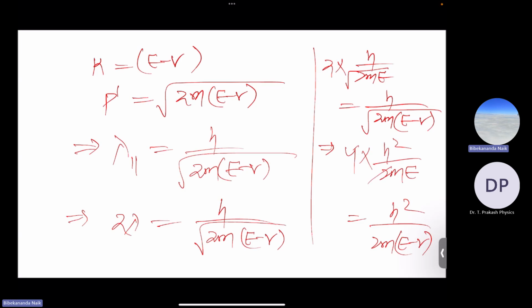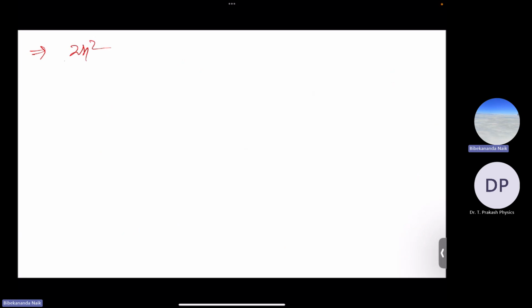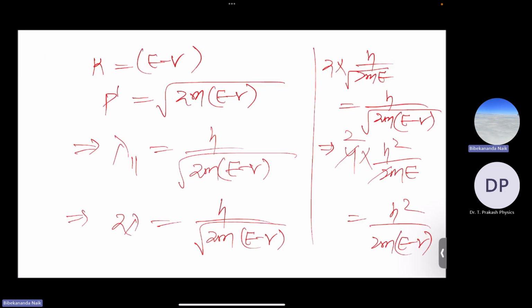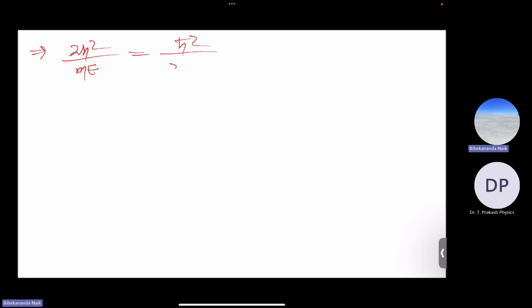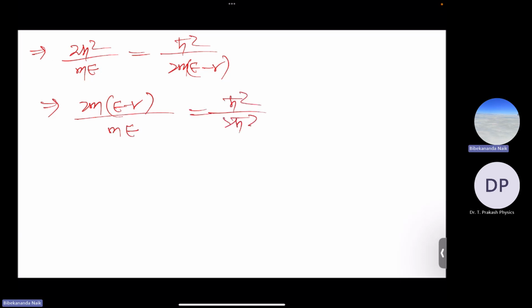So this 2 will cancel out to 2. This is 2h square by mE equals h square by 2m(E minus V). So 2m(E minus V) divided by mE equals h cross square by 2h cross square.